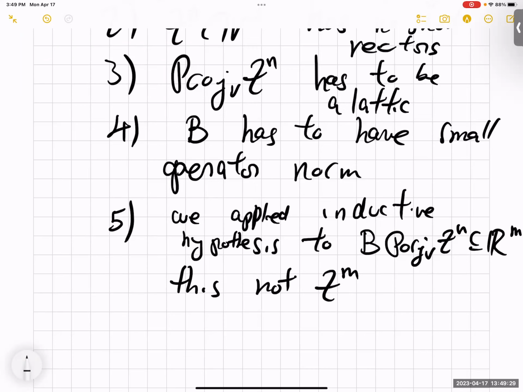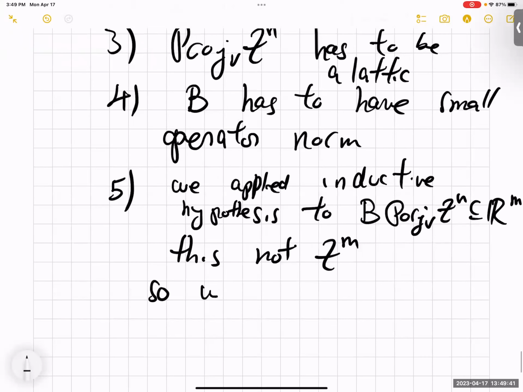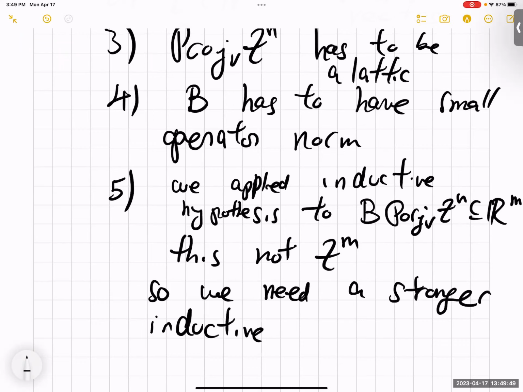After one step already, you leave Z^m, you have a different type of lattice. So you need to figure out what is the theorem you want to prove for other classes of lattices in order to apply induction. So we need a stronger inductive hypothesis.